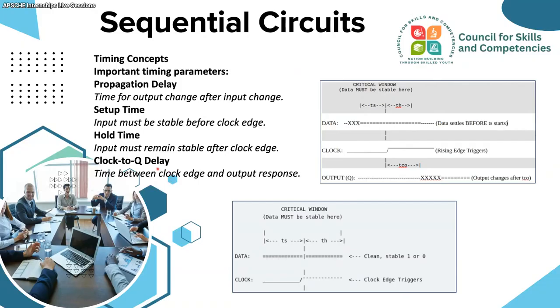Next, clock-to-Q delay, that is the output delay: the time between the clock edge and the output response. Where the output responds after the clock edge also plays an important role. So these are the things we have to consider: propagation delay, setup time, hold time, and the clock-to-Q delay. Try to understand this.